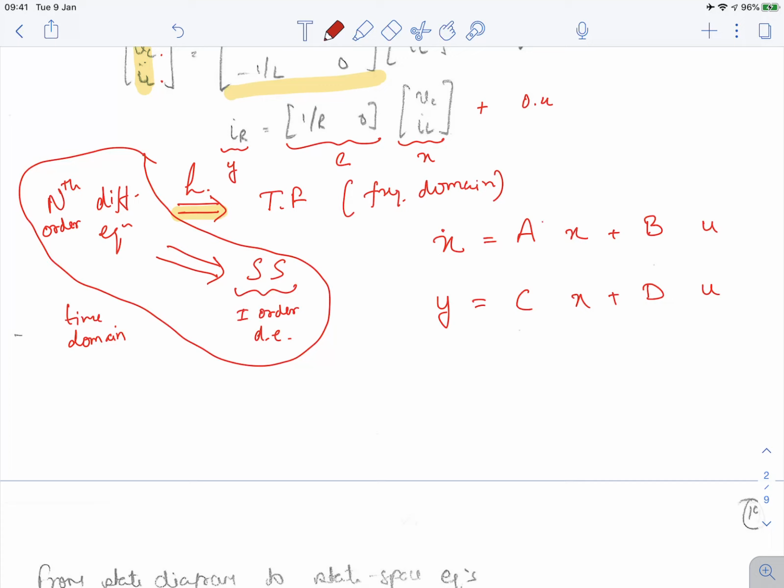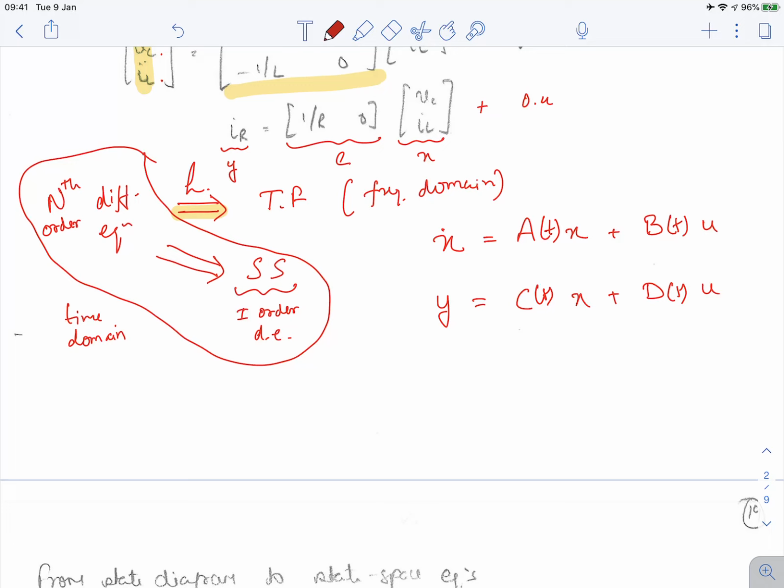If these state matrices are not constant matrices but a function of time, then it will become a time varying system, but at the same time it would still be linear, because it's a linear combination.